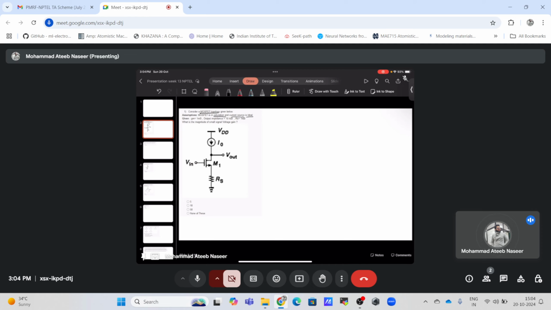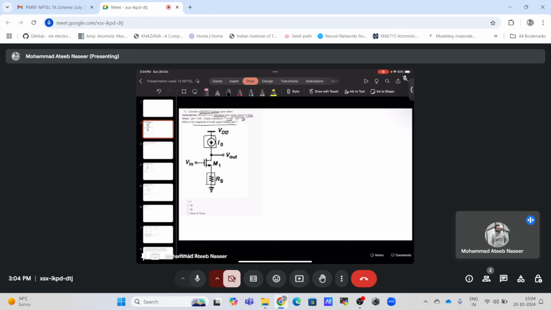Gm is 1 millisiemens, while the output impedance is 10 kilo ohm, and the RS, that is the source resistance associated with this MOSFET, is 1 kilo ohm. We have been told to find the small signal voltage gain of this configuration.